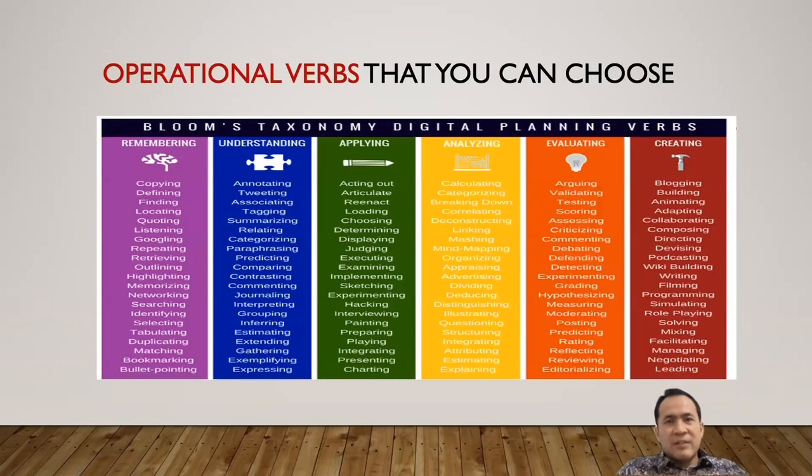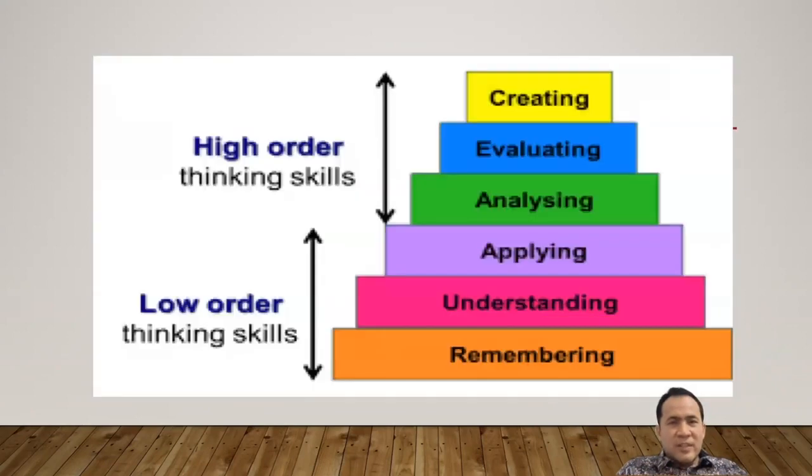So for example, if you are supposed to have a learning process using correlating, it means that you are analyzing, under the analyzing domain. So you are under high order thinking skills. But if you just find, define, copy, list, and so on, you are under low order thinking skills.